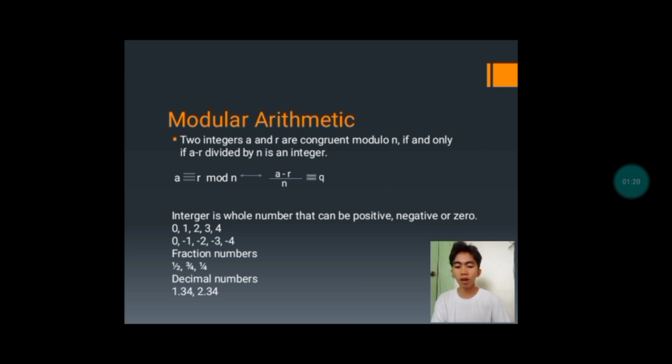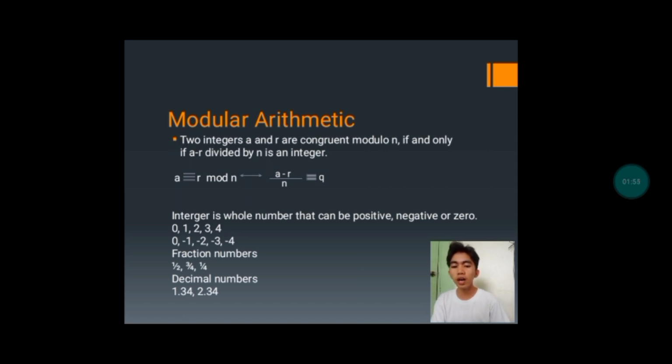An integer is a whole number that can be positive, negative, or 0. For example, 0, 1, 2, 3. It can also be negative 1, negative 2, negative 3, negative 4, as long as it's a whole number. So, what are those numbers that are considered non-integer?